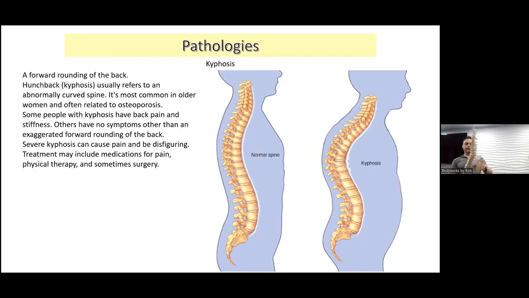If my normal state of the kyphotic curve should be this much bowed, well, if I have kyphosis, then it's like that. It's really hunchback. Think about that 90-year-old lady in the supermarket, just walking by, looking at the bananas.